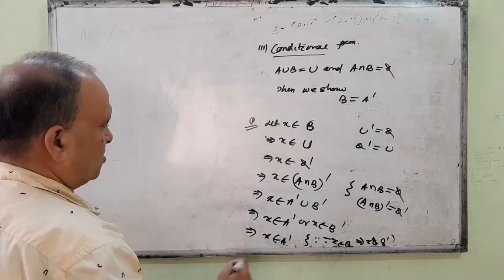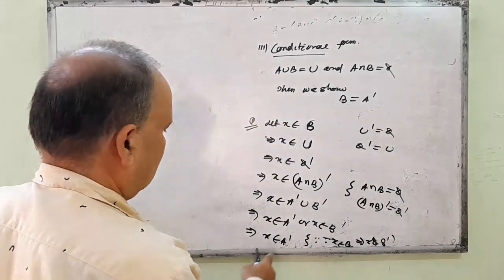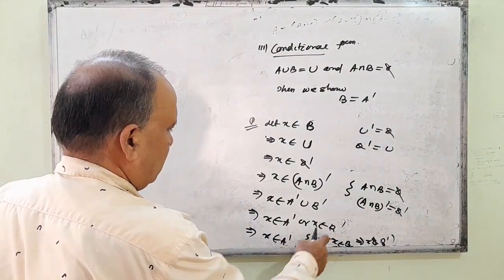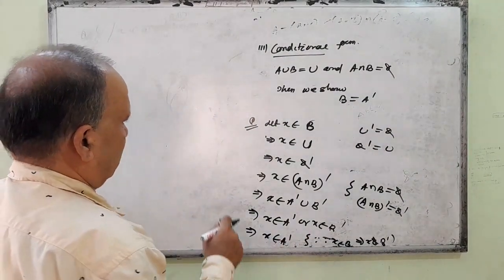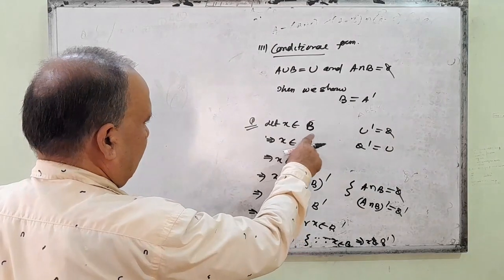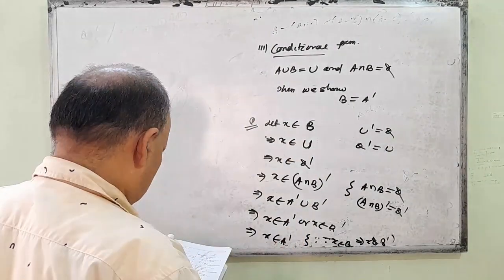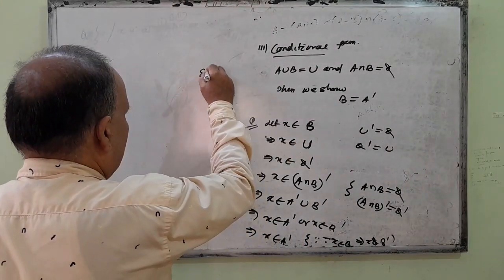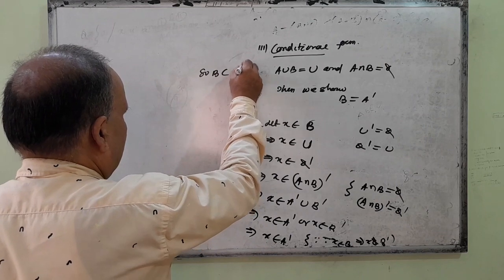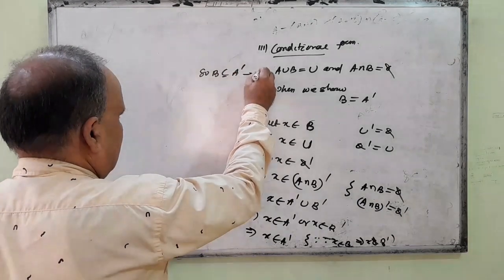So x belongs to A dash. Only the other part is not valid. So x belongs to B means x belongs to A dash, so B is a subset of A dash. This is the first part.